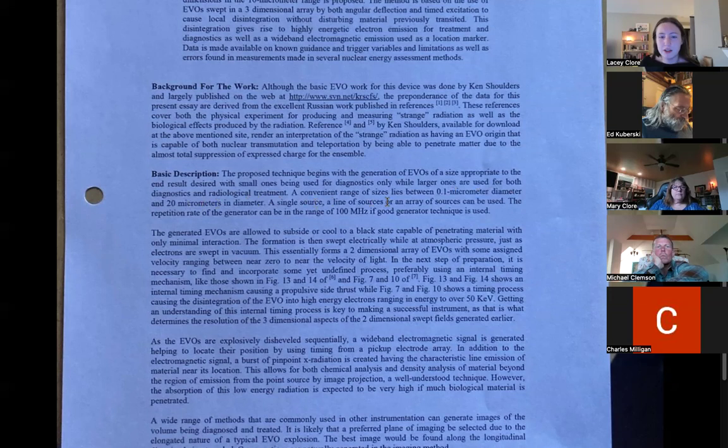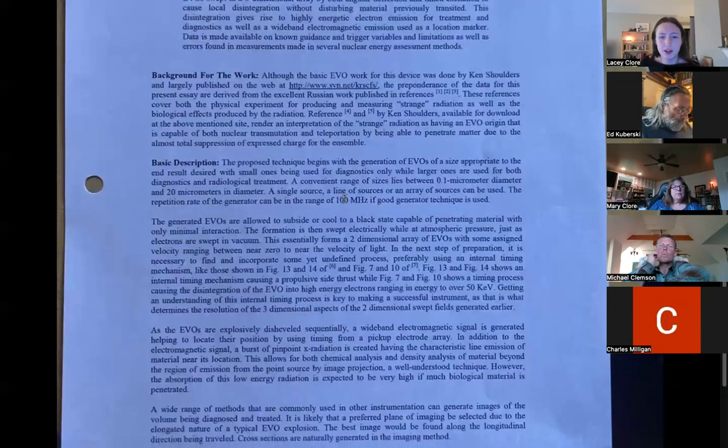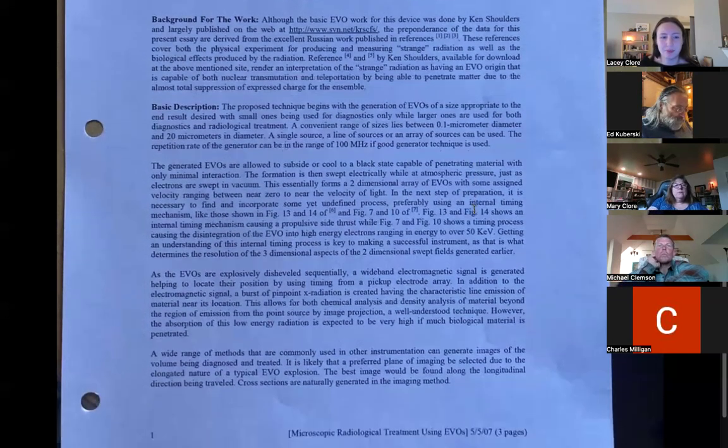A convenient range of sizes lies between 0.1 micrometer diameter and 20 micrometers in diameter. A single source, a line of sources, or an array of sources can be used. The repetition rate of the generator can be in the range of 100 millihertz to megahertz, if good generator technique is used.